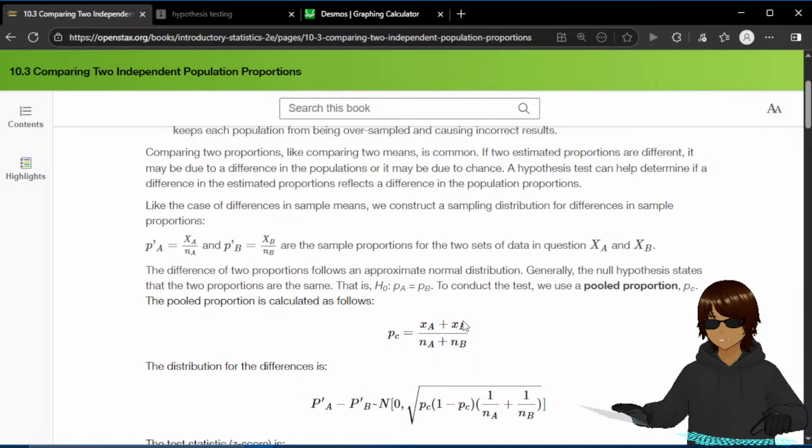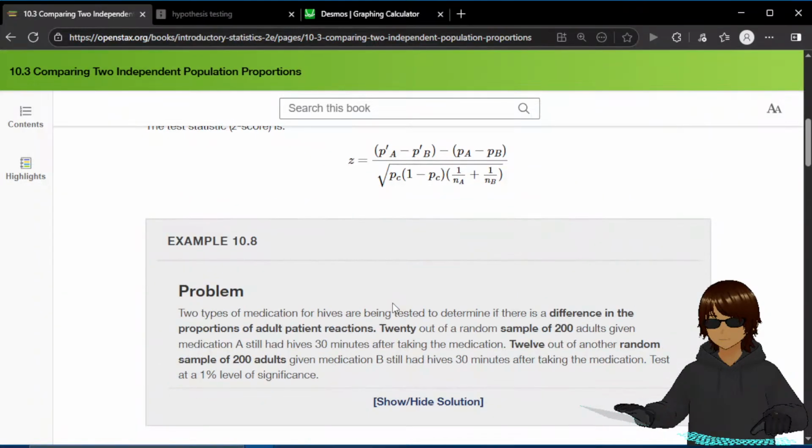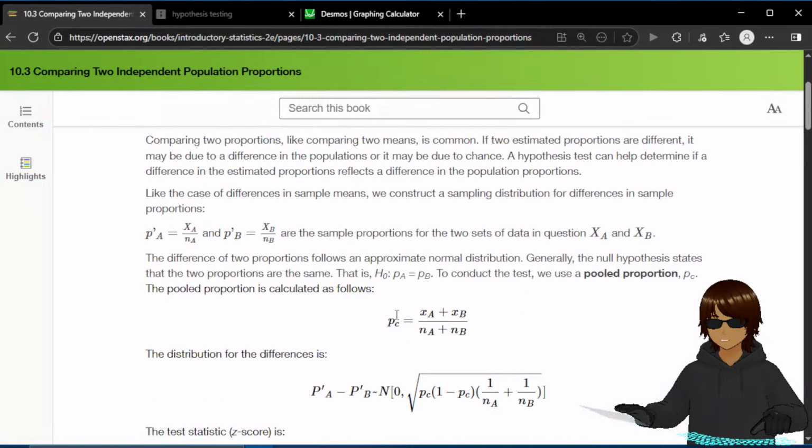30 plus 30 is 60, divided by 60 divided by 20 plus 12.